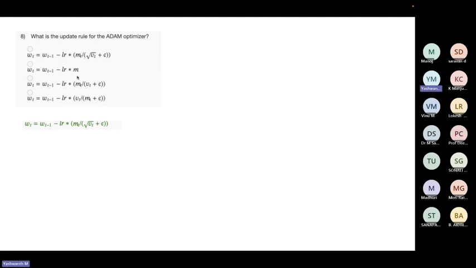And momentum is just the updated version of your gradient based on the past history of the gradient. So Adam is a combination of both. That's why in practice it works well in a variety of situations.